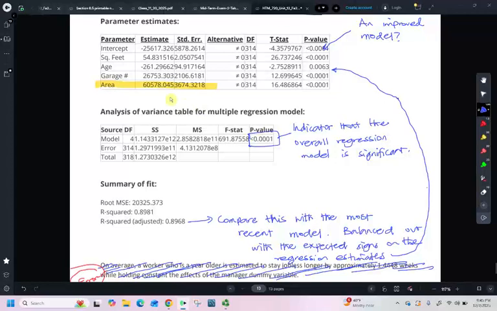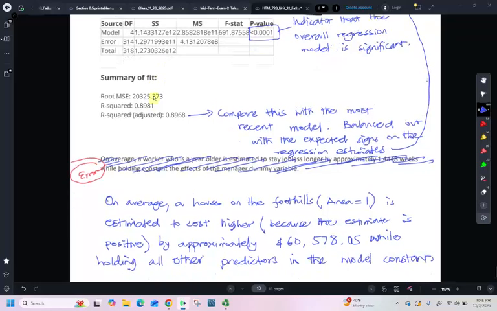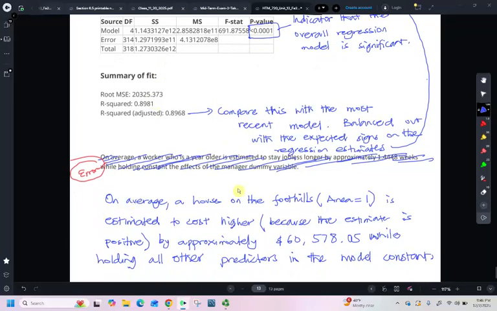And then that brings us to the question of the estimate of the regression slope for area. We have 60578. What does this number mean? Well, it means that on average, a house on the foothills, where area is equal to 1, is estimated to cost higher. How do I know higher?